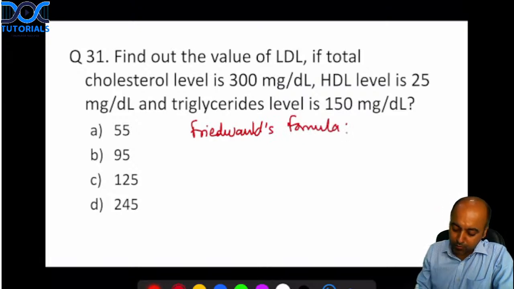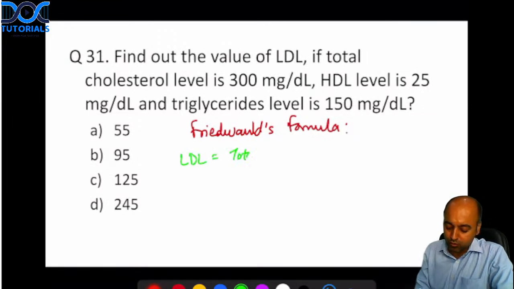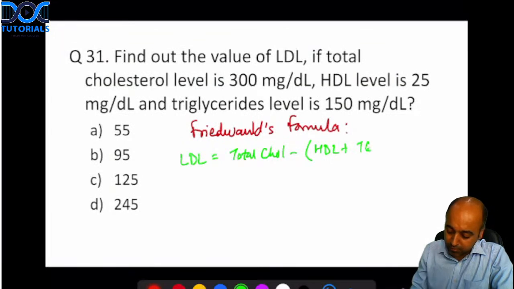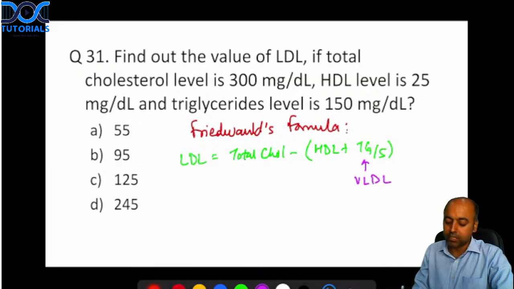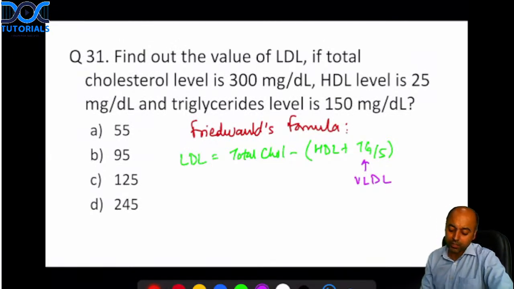According to Friedewald's formula, the level of LDL is equal to total cholesterol minus HDL plus Tg by 5. The Tg by 5 will actually represent the VLDL. Okay, so total cholesterol minus HDL plus VLDL will give you the LDL value.